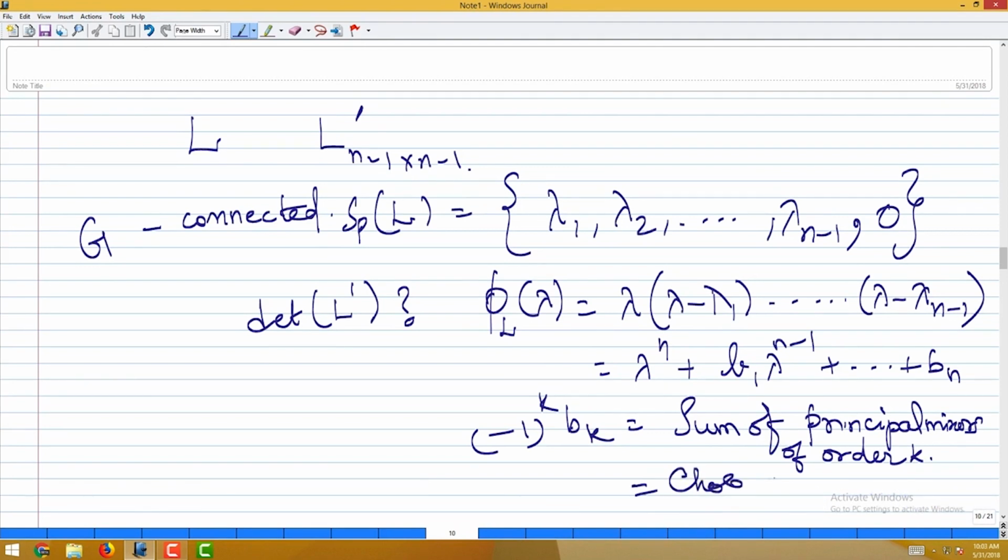Choosing k lambdas at a time, you do all possible combinations, sum of all the things, the product of k lambdas. Somebody will scold me if I write here, okay. This is nothing but the sum of the product of k lambdas at a time.